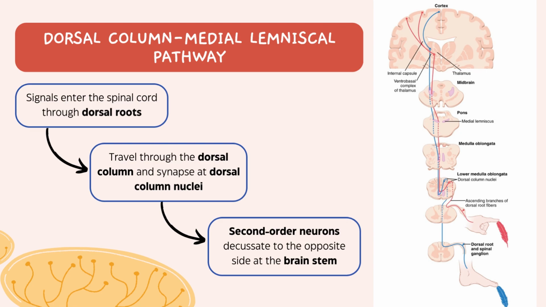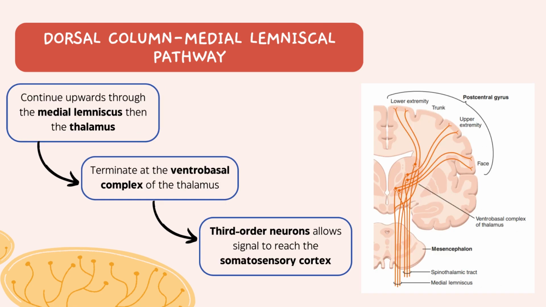The medial branches will travel through the dorsal column and synapse at the dorsal column nuclei, where second-order neurons decussate to the opposite side at the brainstem. These signals then continue upwards through the medial lemniscus and terminate at the ventrobasal complex of the thalamus, where third-order neurons allow these signals to reach the somatosensory cortex.